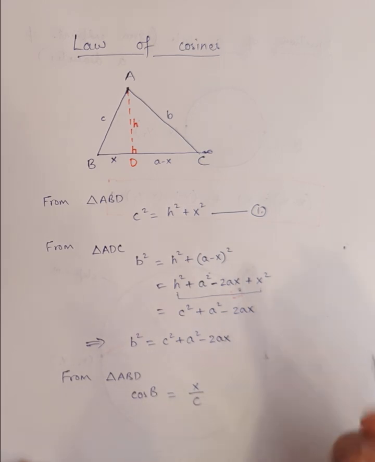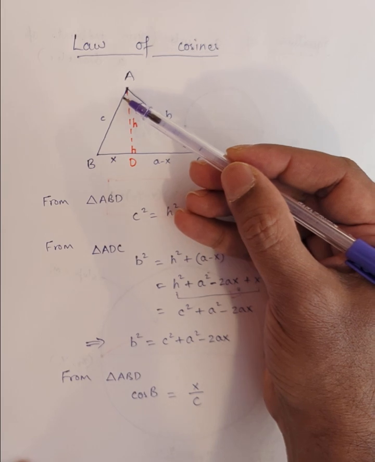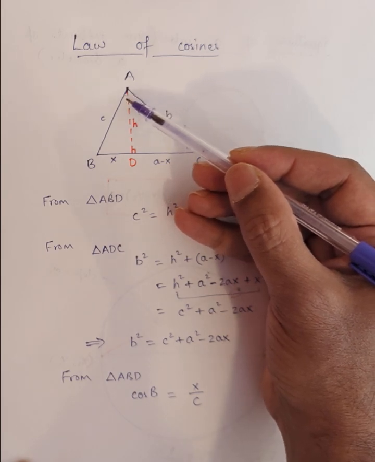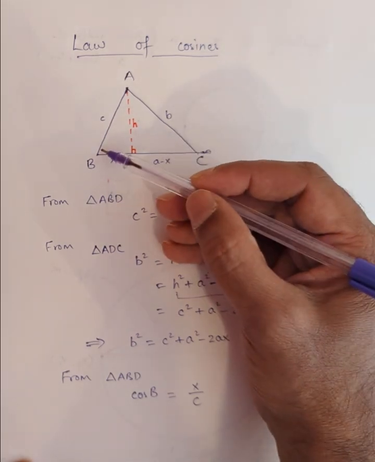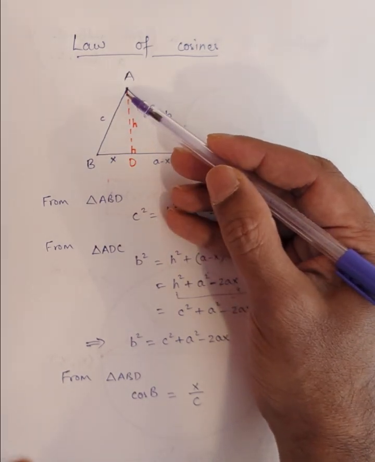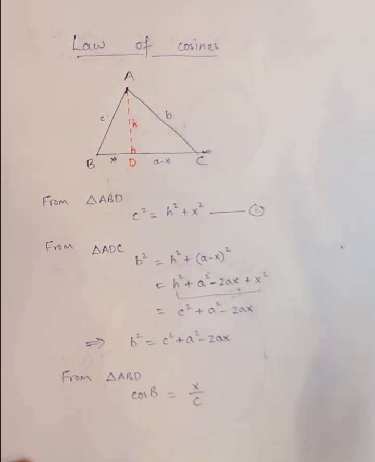Now, why did I choose cos B? Because this other angle, I don't know what it is because it's not A. A was the total angle. This is something other than A. But this one I know is B. And also, I needed x, and I know that this side length is c.